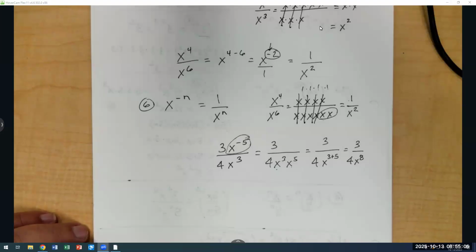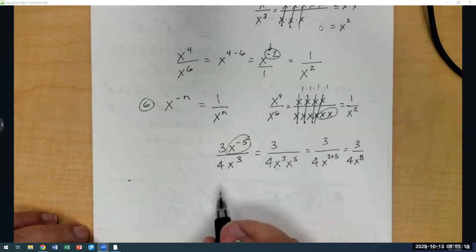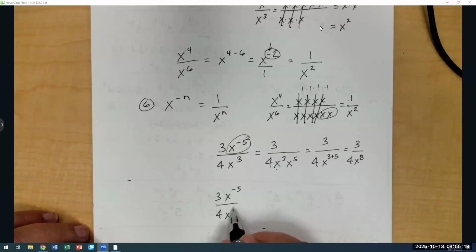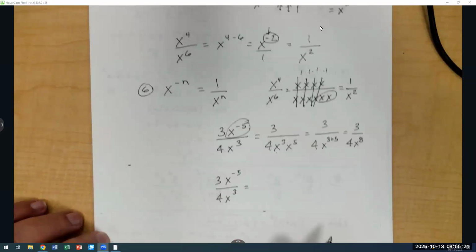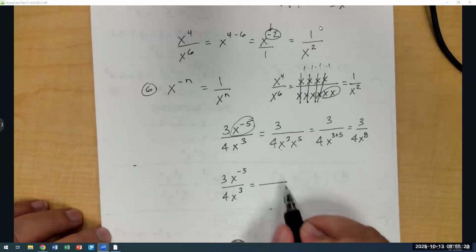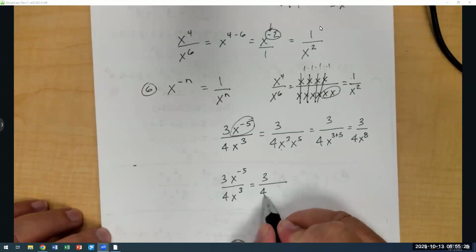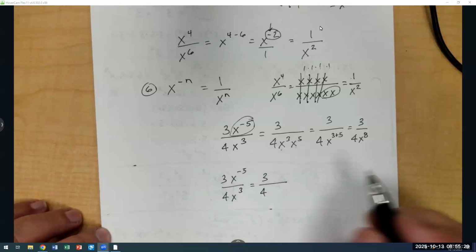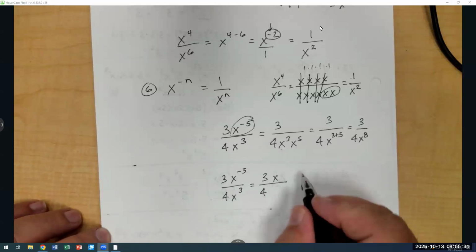Is that the only way you could have done it? No. As long as you follow the rules of math, you can do it any way you want to, and it's always going to give you the same answer. So we have the same equation. This time, the 3 and the 4, let's stay there. Whenever you have x's on top and bottom, what do you do with the exponents?